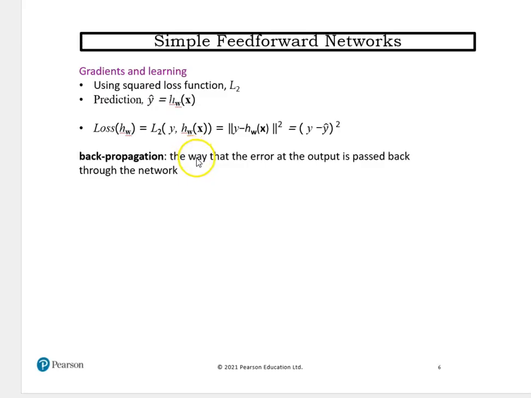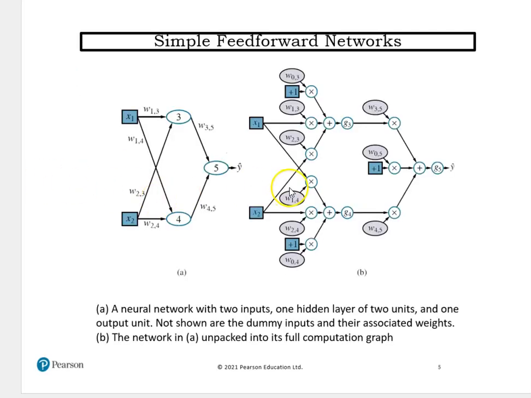Now, backpropagation, you will hear that term again soon, essentially is the way that the error at the output is passed back through the network. So if you remember, to apply gradient descent, we're going to have to take the derivative of this loss function with respect to every parameter in the network. And this network right here has all these w's.